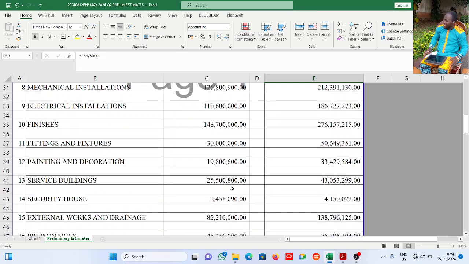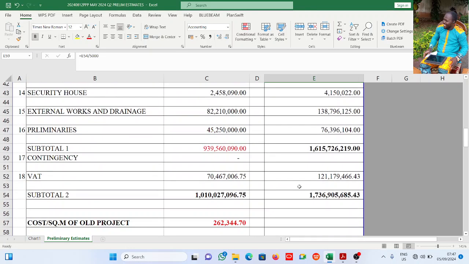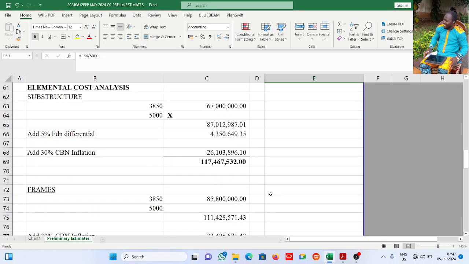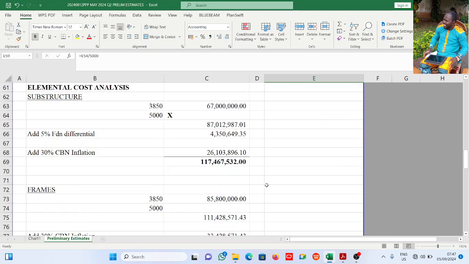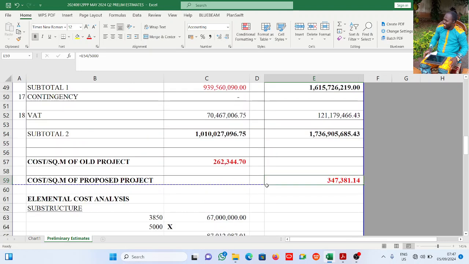So that is how you do the calculations. Basically, this is how you prepare a preliminary estimate given a similar project, making reference to a similar project to prepare your own estimate for your new project.